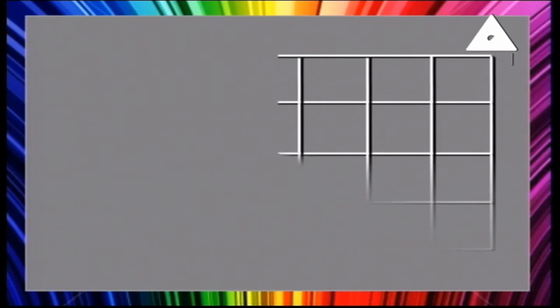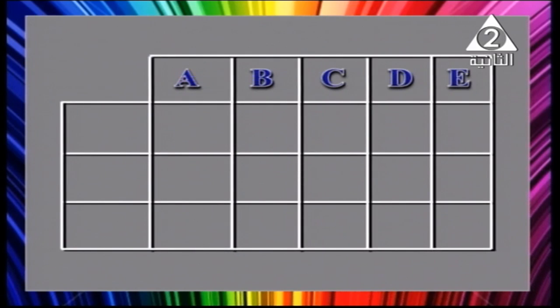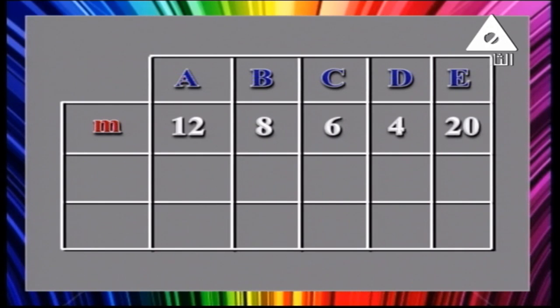We form the table. We have 5 masses at A, B, C, D, and E. At A, 12 grams, at B, 8, at C, 6, at D, 4, at E, 20 grams. Coordinate of X: at A, 10, at B, 10, at C, 0, at D, 0, at E, 10.